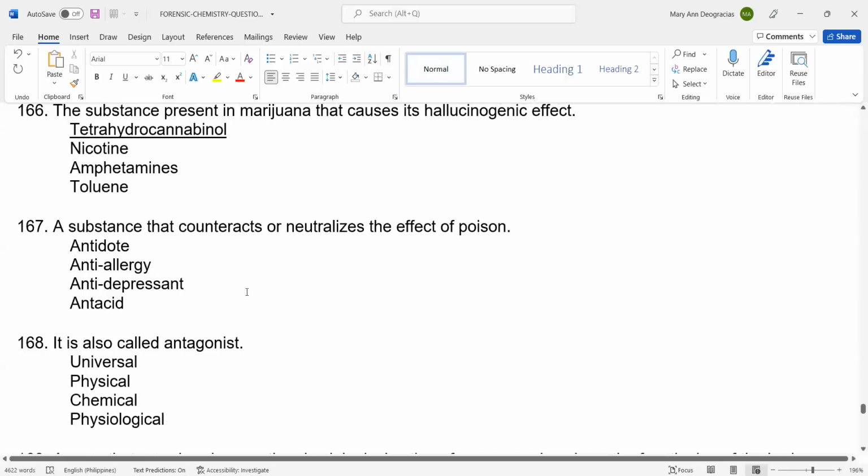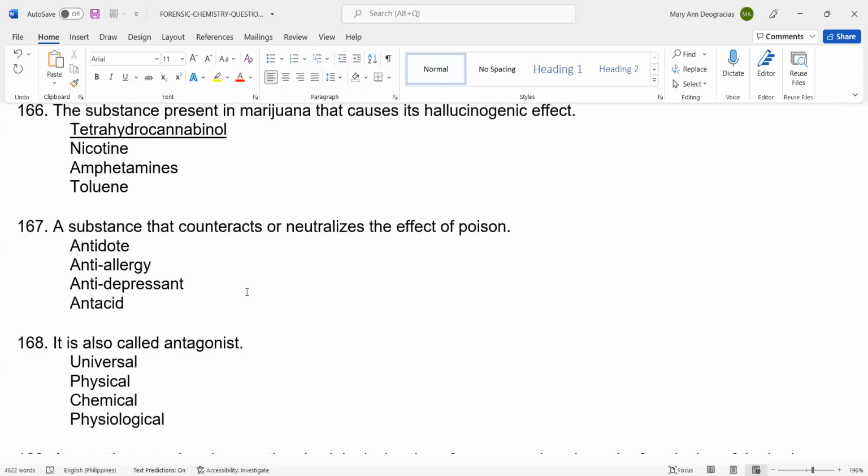Substance that counteracts or neutralizes the effect of poison. Antidote, anti-allergy, antidepressant, antacid. Which is the answer? Okay, A, antidote. Ang antacid, pangontra sa acid yan. Like yung mga Kremil S, ganyan. Antidepressant, syempre, yung mga binibigay sa mga may mga nade-depress.